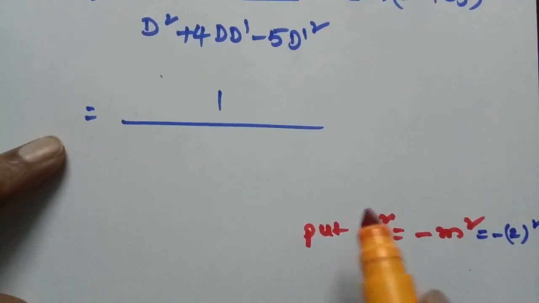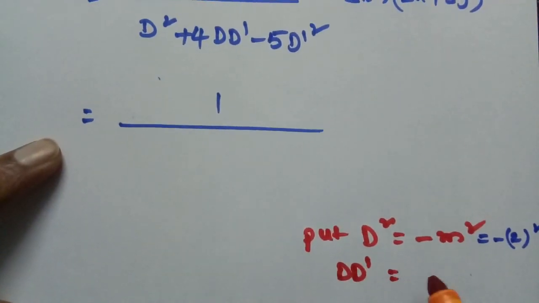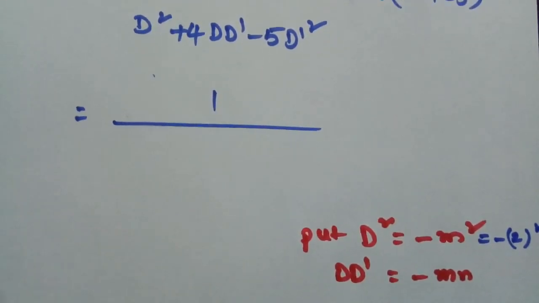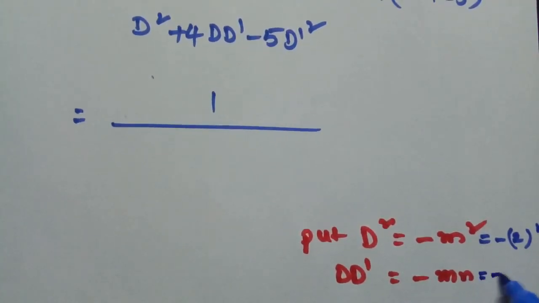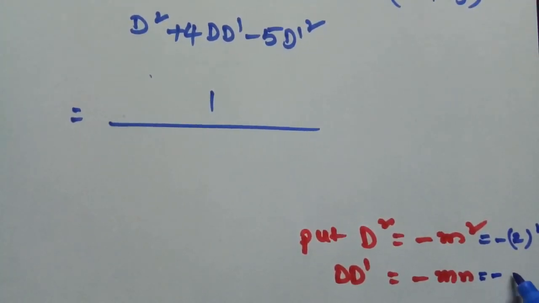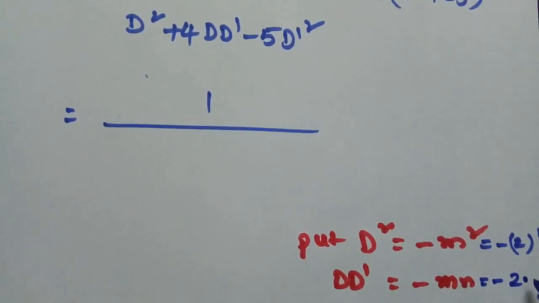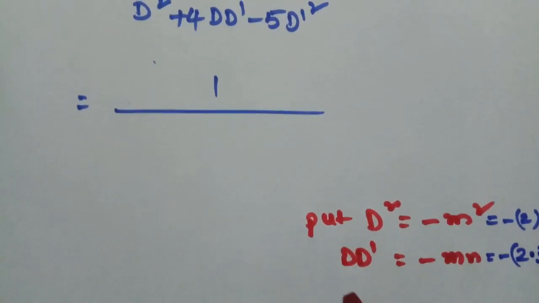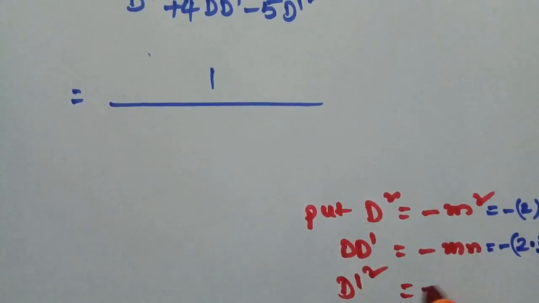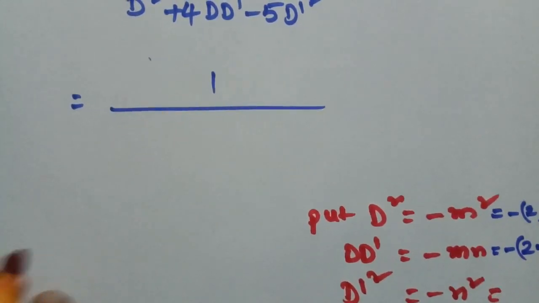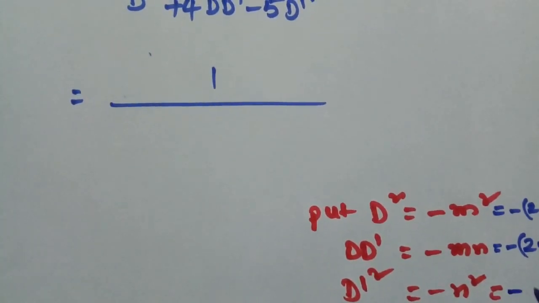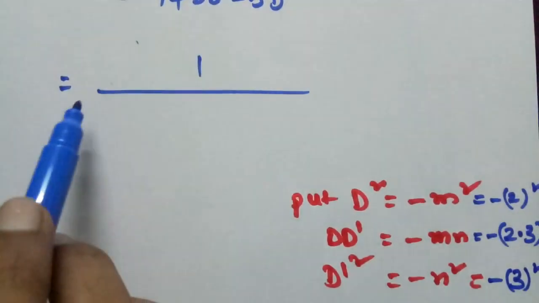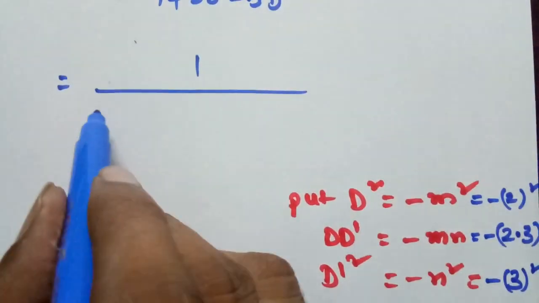Next D D dash is equal to minus m into n, that is minus m value 2 into n value, coefficient of y, that is 3, and D dash square is equal to minus n square, that is minus 3 square.